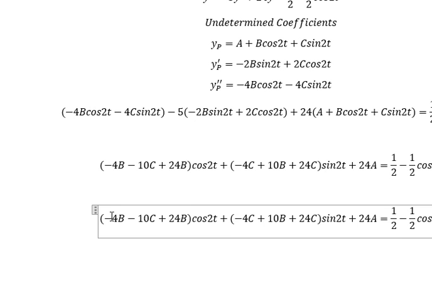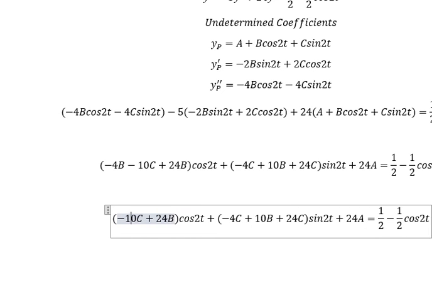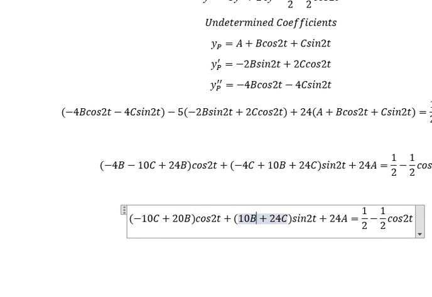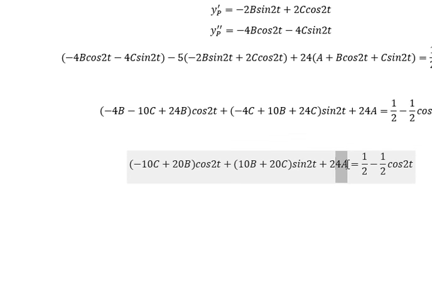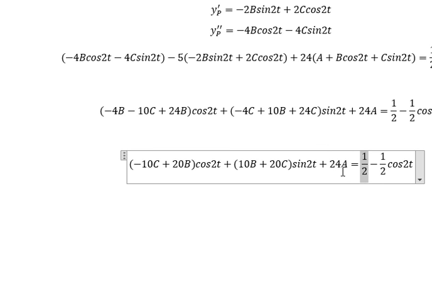So, negative 4b with 24b, we have positive 20b. Negative 4c, 24c, we have 20c. Next, we have 24a equal to 1 over 2.